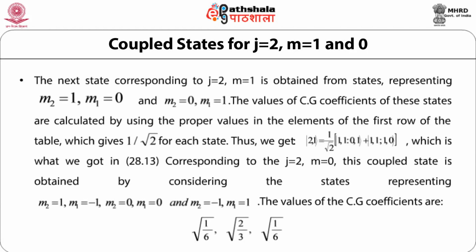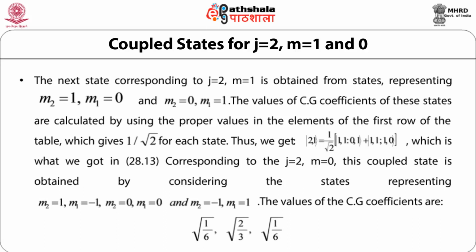Now the next coupled state that we are interested in finding out corresponds to the value of the total angular momentum j equal to 2 and the magnetic quantum number m equal to 1, and is obtained from the states representing m2 equal to 1 and m1 equal to 0, and m2 equal to 0 and m1 equal to 1.